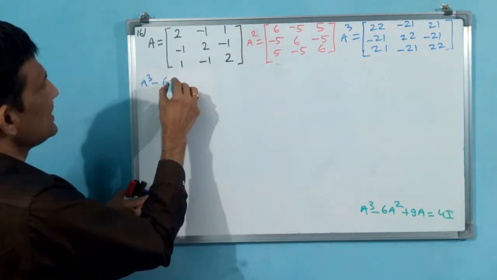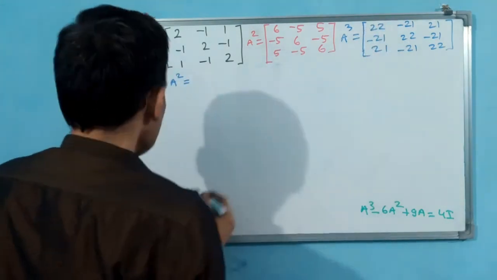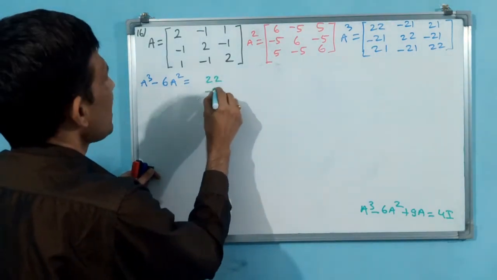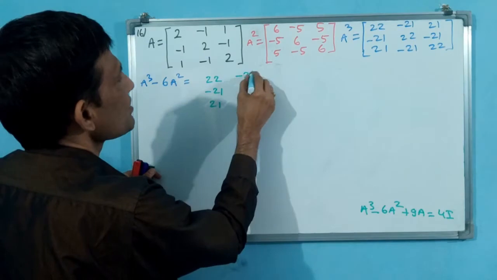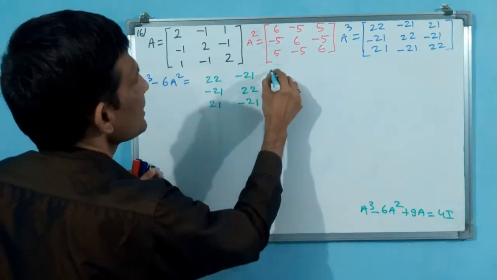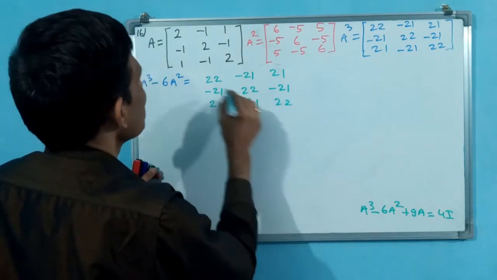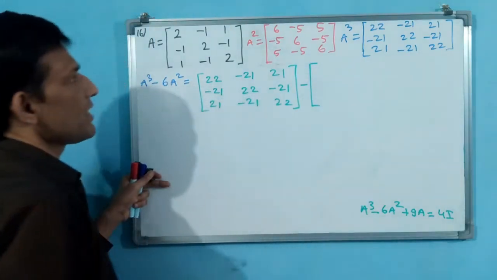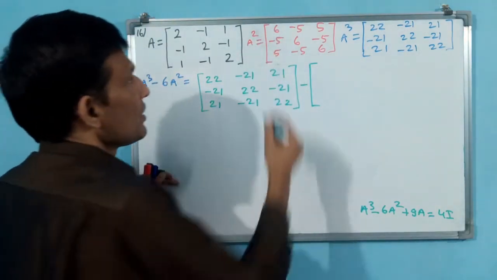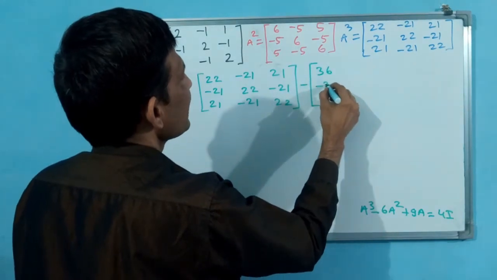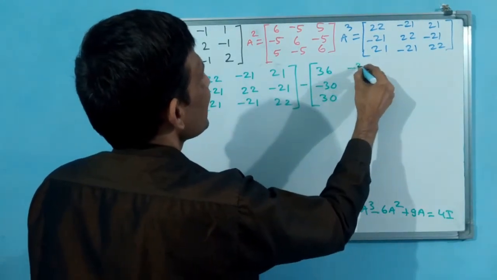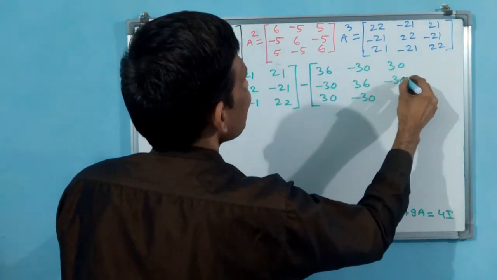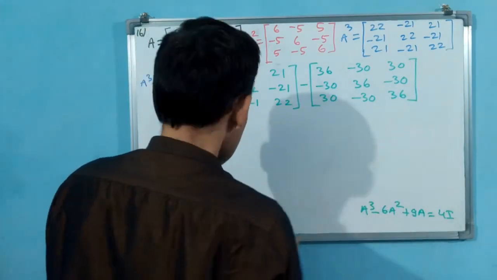A cube minus 6A square is equal to, A cube you write down first: 22, minus 21, 21, minus 21, 22, minus 21, 21, minus 21, 22. Minus 6A square. See, 6 times this one: 6 sixes are 36, minus 30, 30, minus 30, 36, minus 30, 30, minus 30, 36.